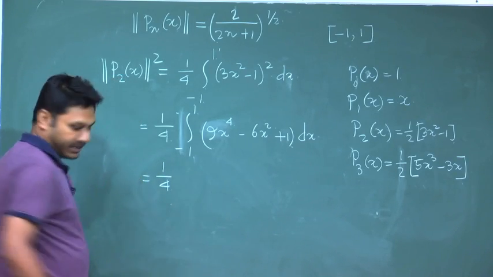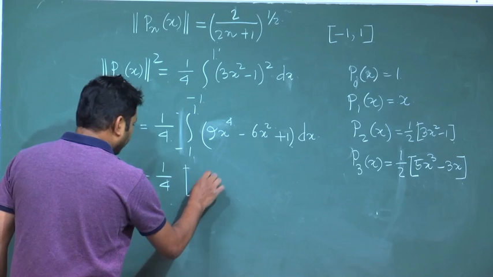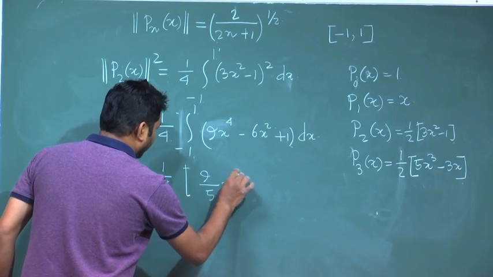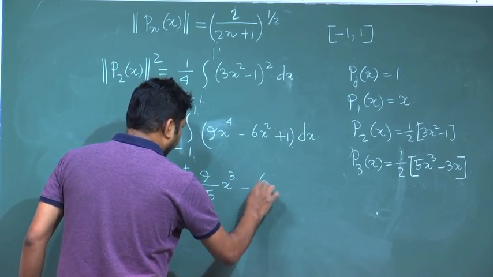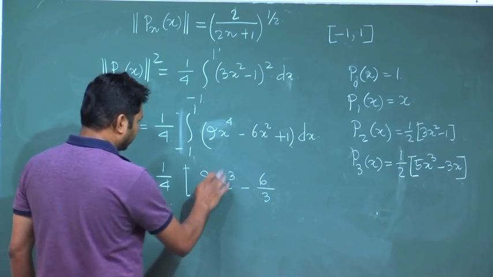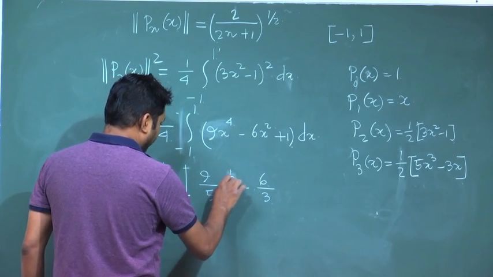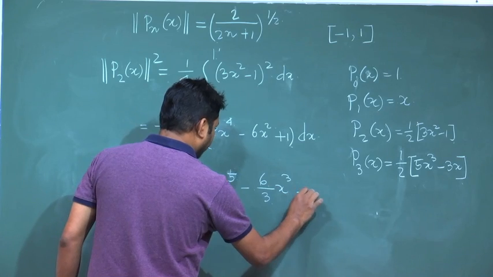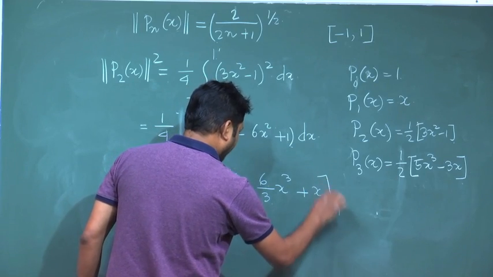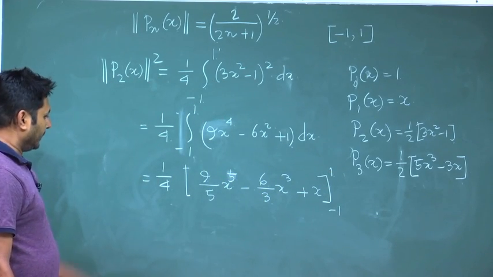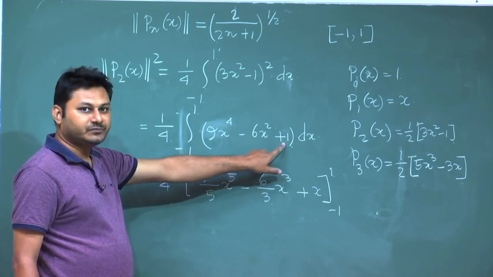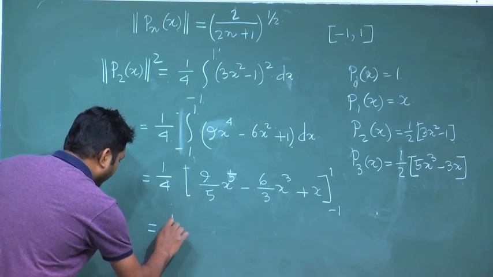Let me directly integrate that. So, it is 9 by 5 x to the power 5 minus 6 by 3 x cube, and finally I will have x, from minus 1 to 1, all multiplied by 1 by 4.